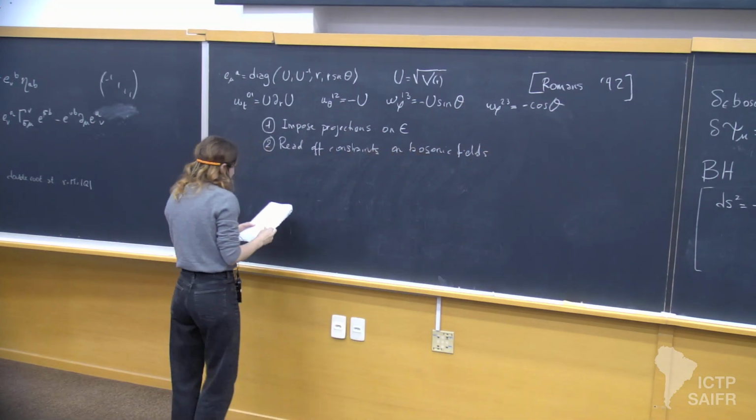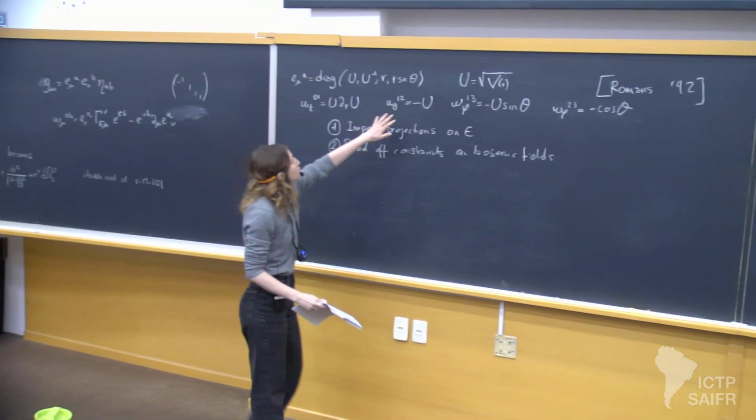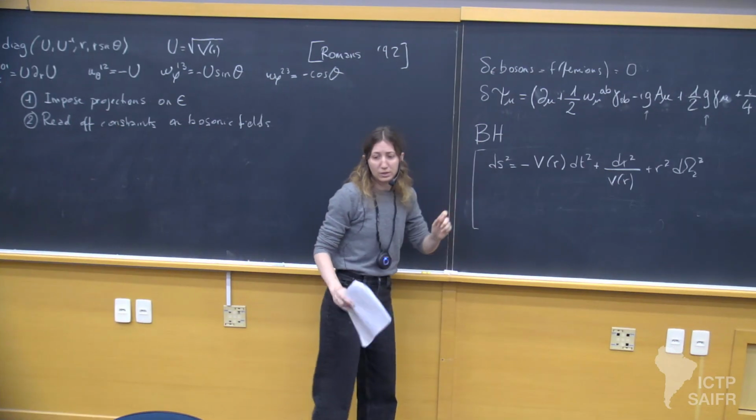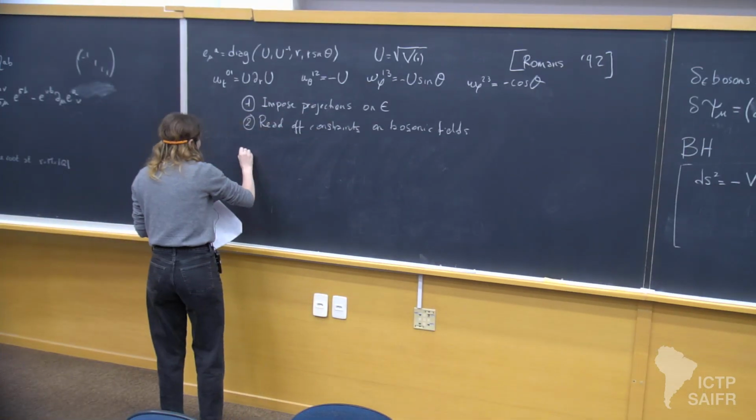Given that the spin connection here has only one term for the theta component, we start from the theta component of the Killing-Spinor, which reads this way. So we plug everything in.